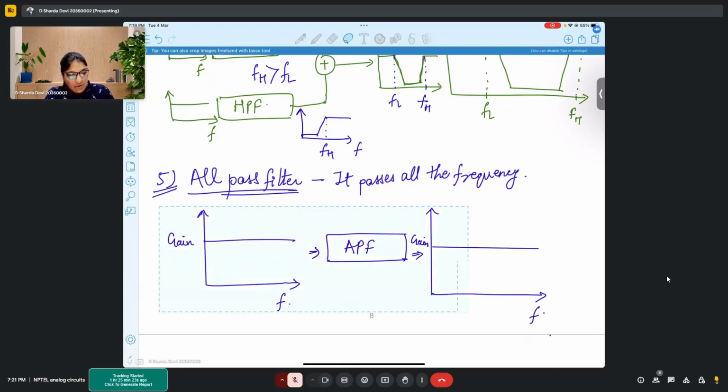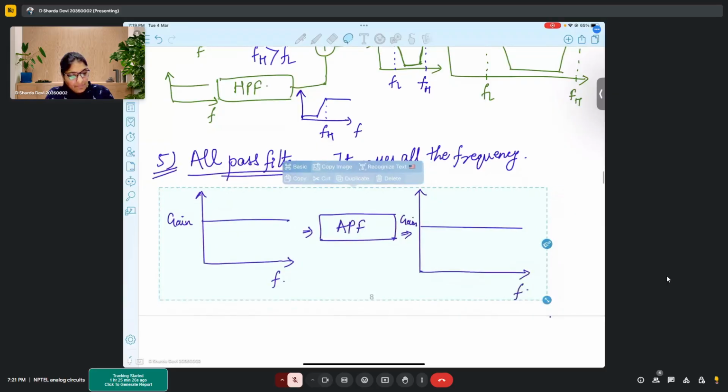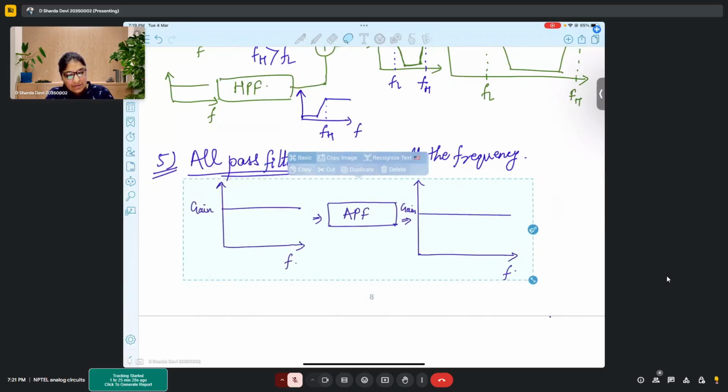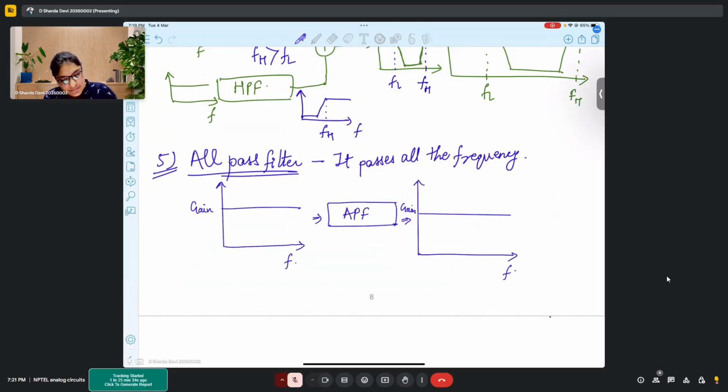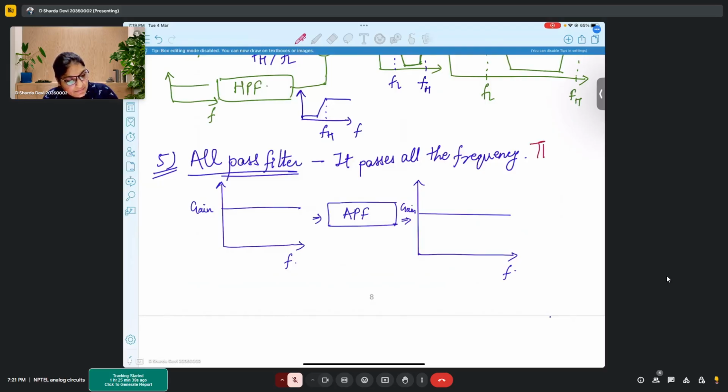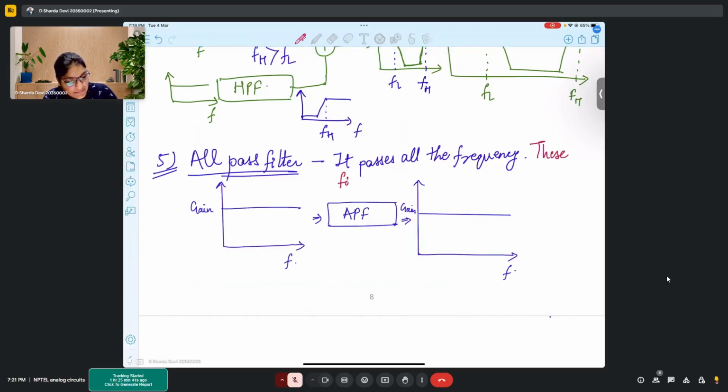So this all pass filter basically introduces, or it can be used to introduce, phase shift. These filters are used to introduce phase shift between input and output.